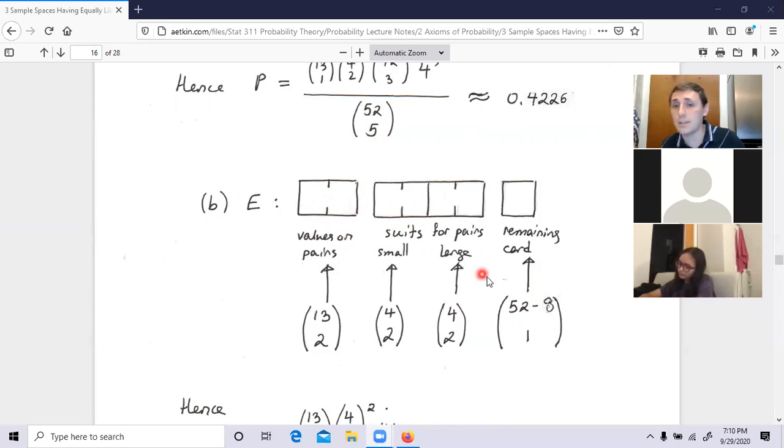Altogether, 8 cards not accessible to me. So I can just select it as 52 minus 8 choose 1. You can actually construct it differently. You can do a different form. Maybe you would like to say, I cannot choose those values, so there are 11 choose 1 denominations available multiplied by 4 possibilities. So this is the same as 11 choose 1 times 4.